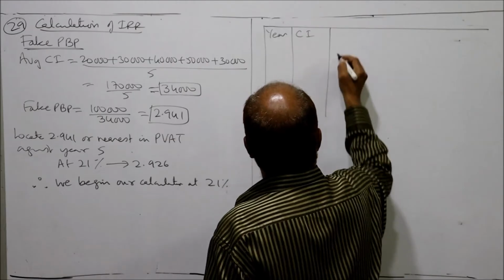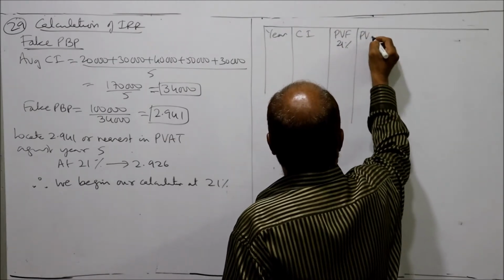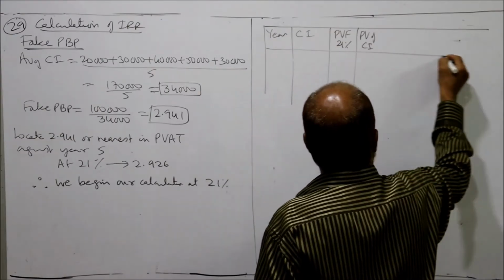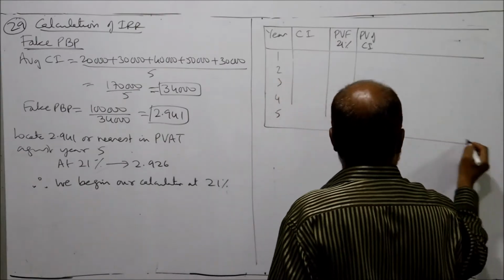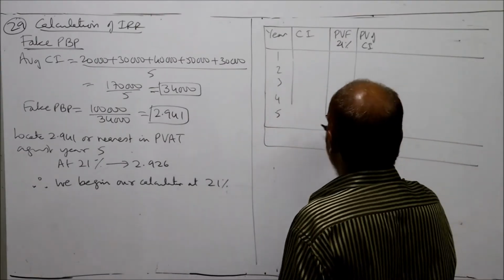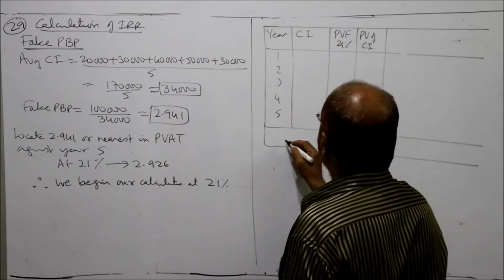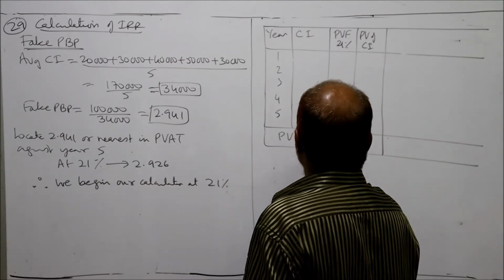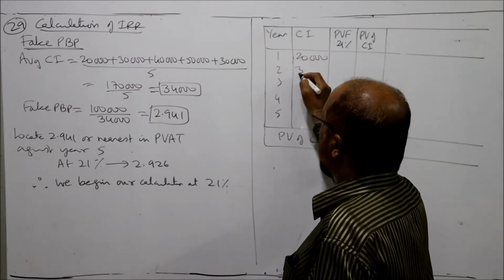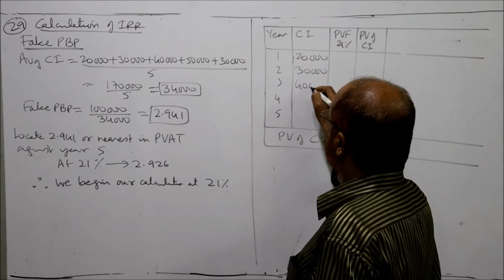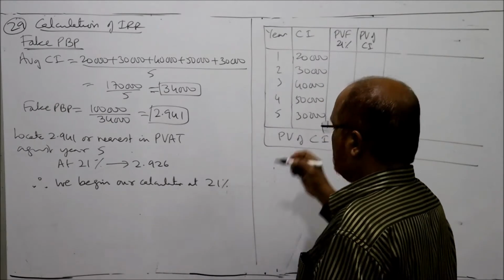Year, cash inflow, PV factors at 21%, PV of cash inflow. 1, 2, 3, 4, 5. So cash inflows are 20,000, 30,000, 40,000, 50,000, 30,000.